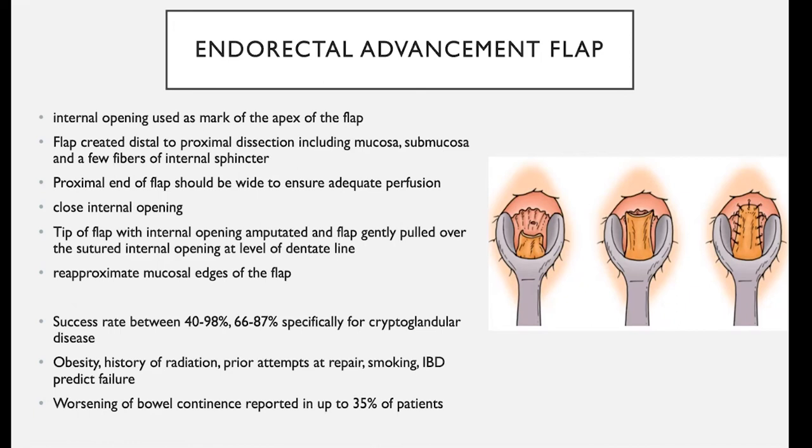And I was surprised by this because I'm not sure exactly why this technique would worsen continence, but worsening bowel continence is reported in about 35% of patients after this procedure.